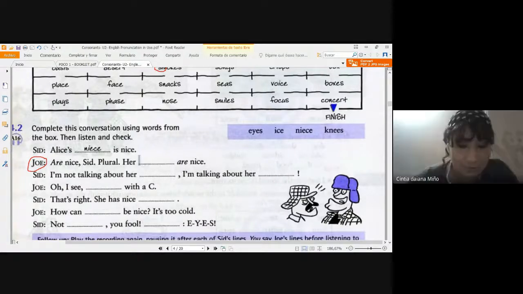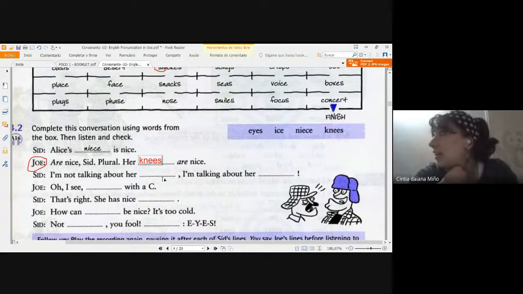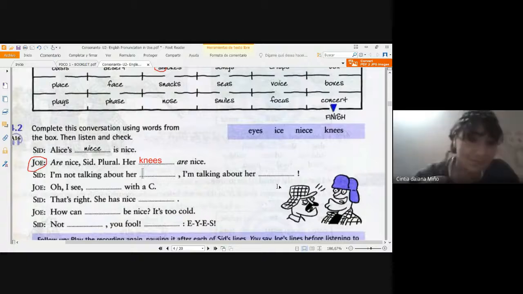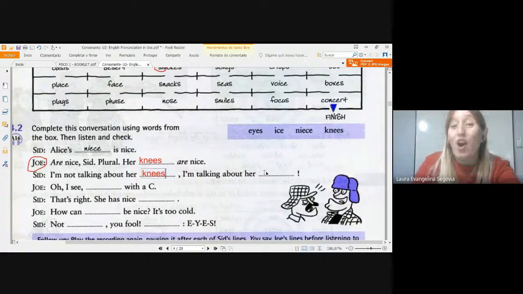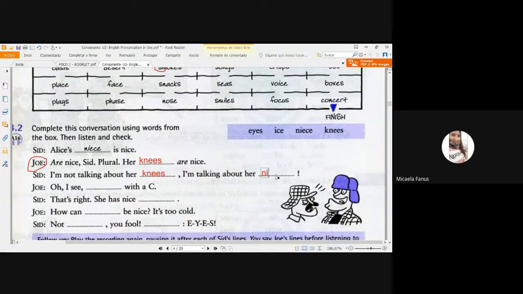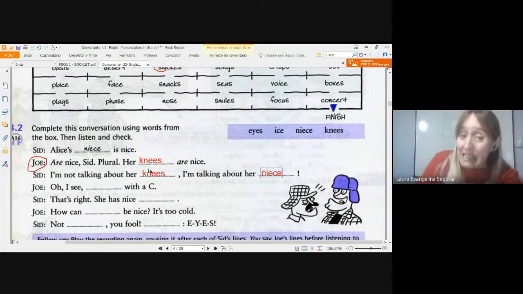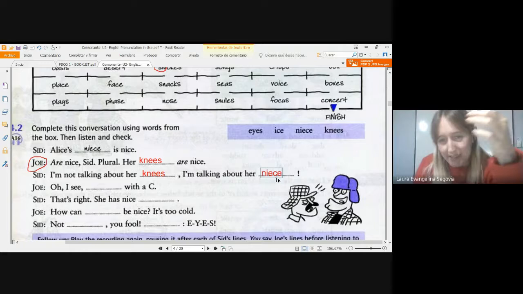Her niece are nice. Okay. I'm not talking about her niece. I'm talking about her niece. No, her niece. So you have knees, and niece. Okay?